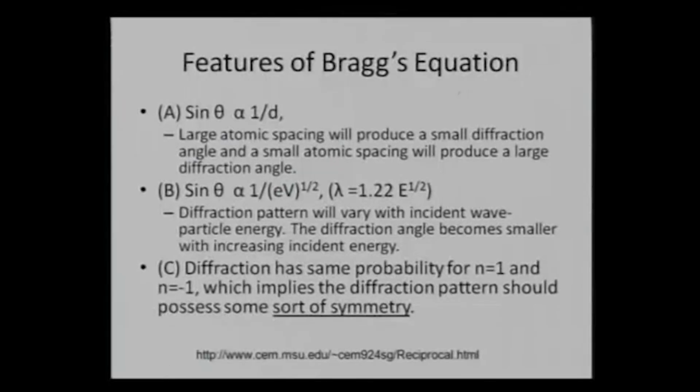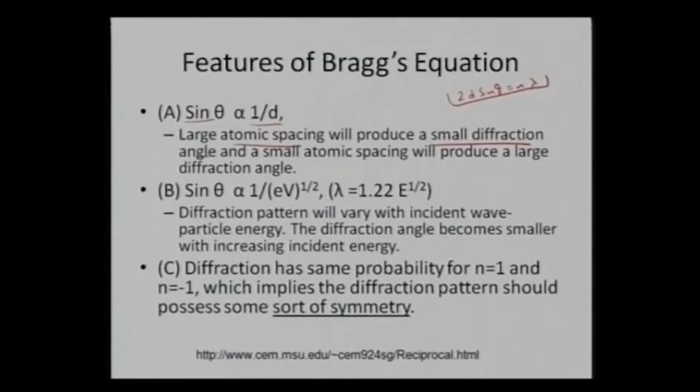We might be familiar already with Bragg's equation, and we know that Bragg's equation is given by 2d sin theta = n lambda. So taking that equivalence, we can directly see that if we keep our lambda constant, our sin theta is inversely proportional to the interplanar spacing, which means that if I have a large atomic spacing, it will produce a smaller diffraction angle.